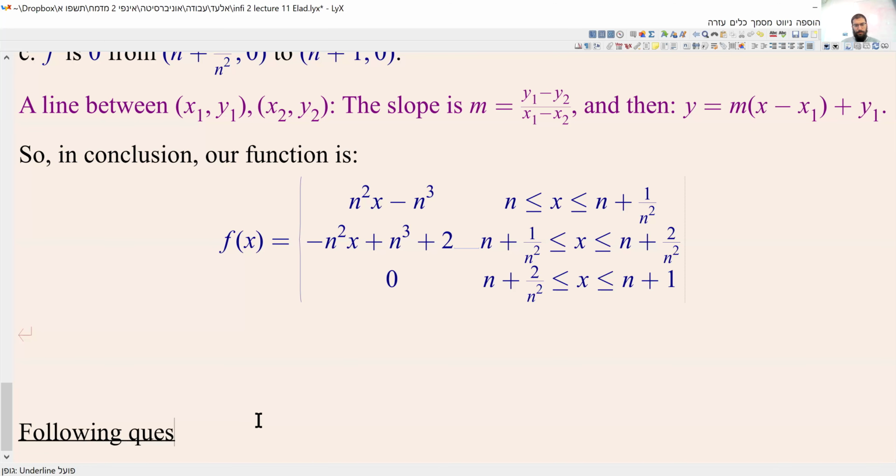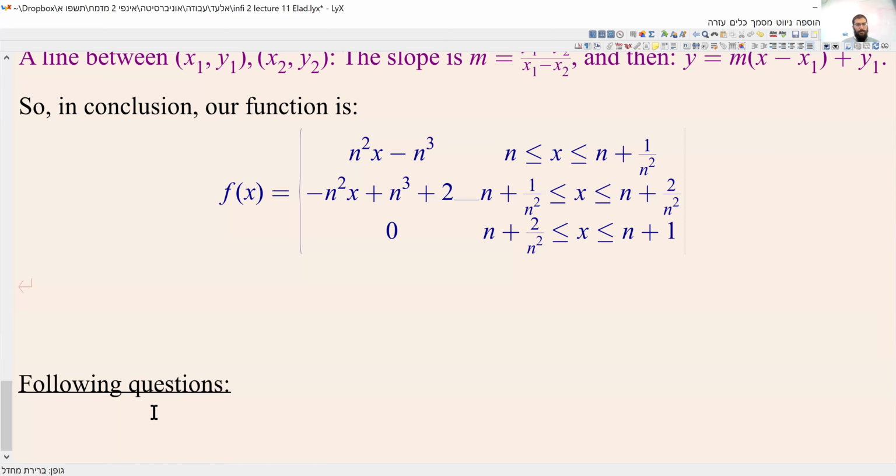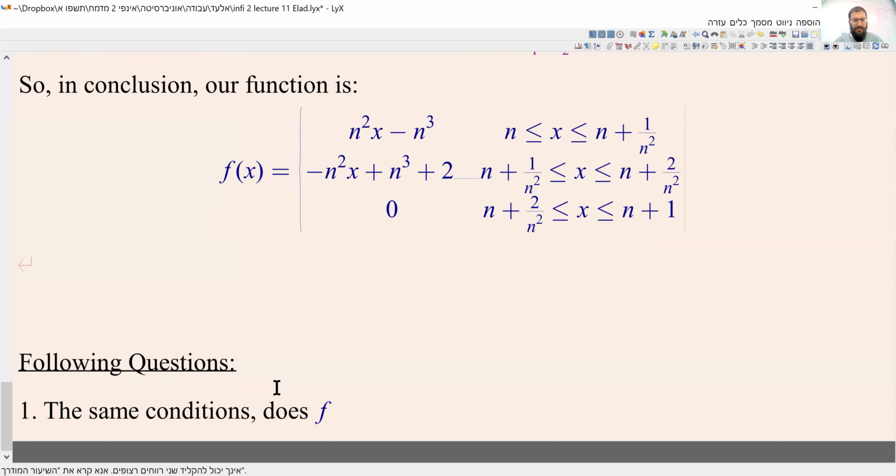Firstly, the same conditions, meaning f is continuous, non-negative, and the integral is convergent, is f bounded?